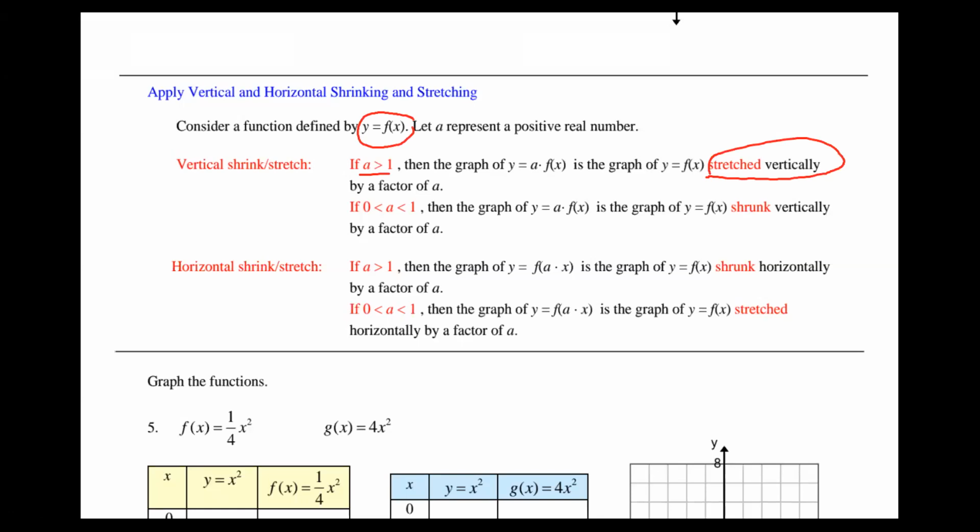And if a is between 0 and 1, then the graph y equals a times f of x is shrunk vertically by a factor of a.